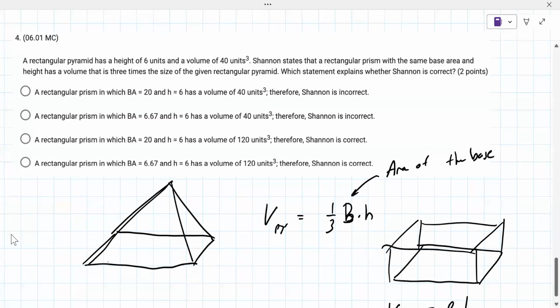So we're looking for something where the base times height is 3 times the 40. Base times height.